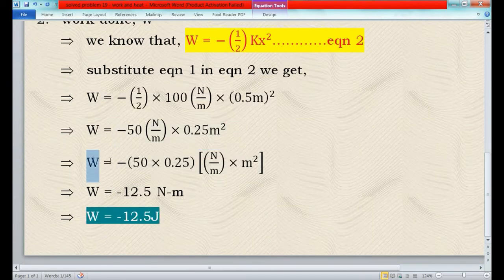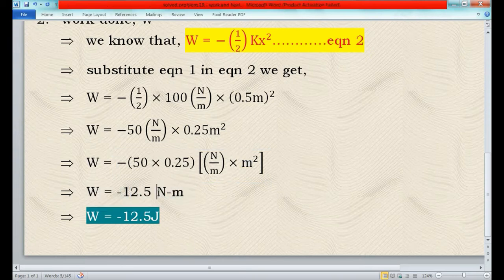So W is equal to minus of 50 into 0.25 into Newton per meter into meter square. Here 50 into 0.25 is 12.5, and Newton per meter into meter square is Newton meter, because meter and meter square gets cancelled. So remaining will be meter. Okay. So W is equal to minus 12.5 Newton meter.